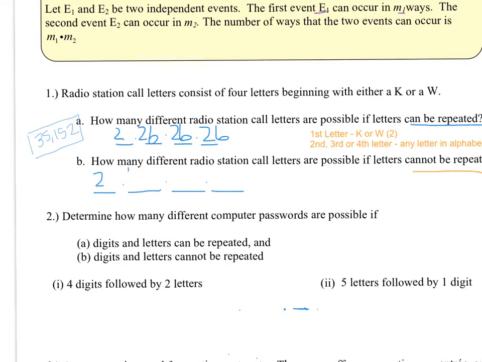So if there are 26 in the alphabet, we're now only left with 25 to choose from. Now you use a K or a W and one other letter, so we're down to 24 letters to use. After we use that third letter, we're down to 23 choices for the 4th letter. Once you multiply those all together, you end up with 27,600 possibilities to write those call letters for the radio station.